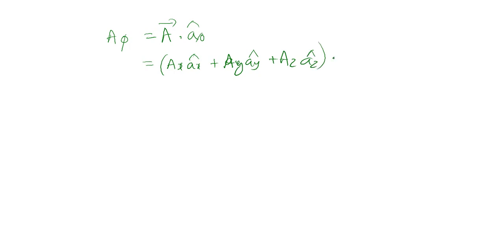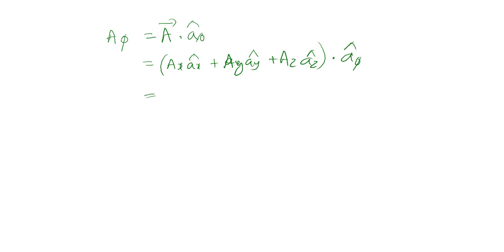As we discussed, a phi will be vector A dot a phi cap, that is AX cap plus AY cap plus AZ cap dot a phi cap.